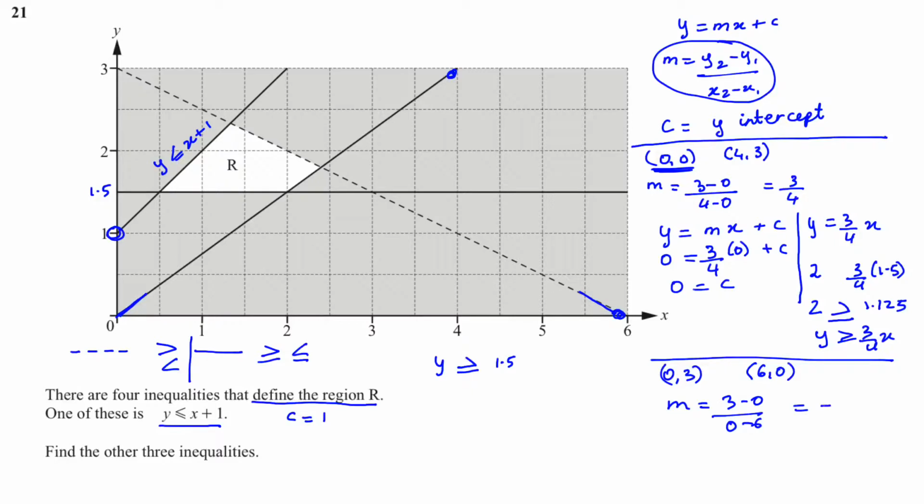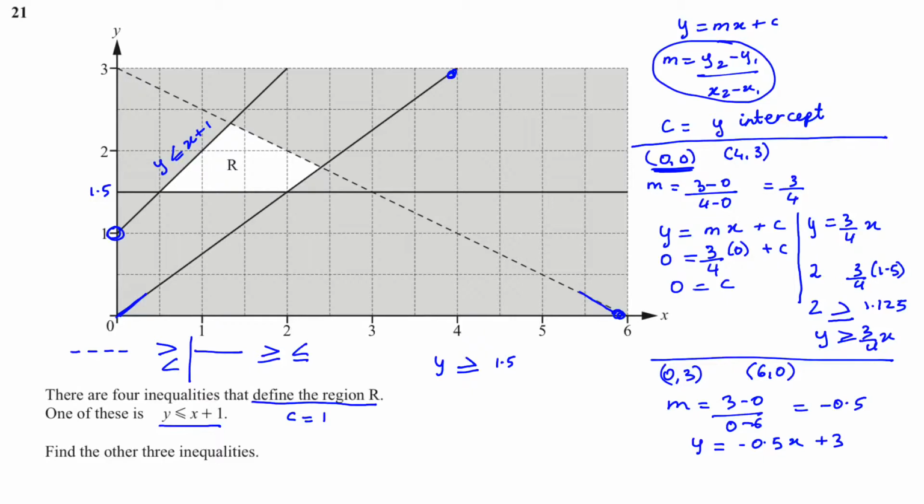You will get negative 0.5. And you can see that the y-intercept is 3. So your equation is going to be y is equal to negative 0.5 x plus 3.